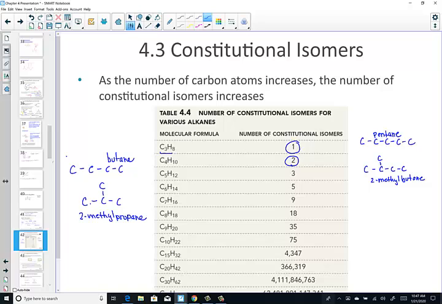Look what else we could do. We could do 3 carbons in a row and branch off of the center carbon. That's 5 carbons. It would be called 2,2-dimethylpropane. That's a third way of drawing 5 carbons and 12 hydrogens.